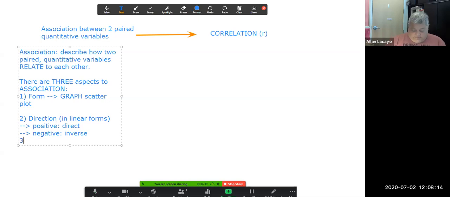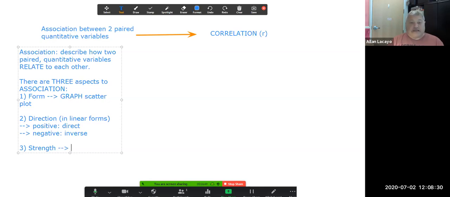And then the third element of association in data relates to the strength of the association. And strength of an association is what the correlation coefficient is mostly about.